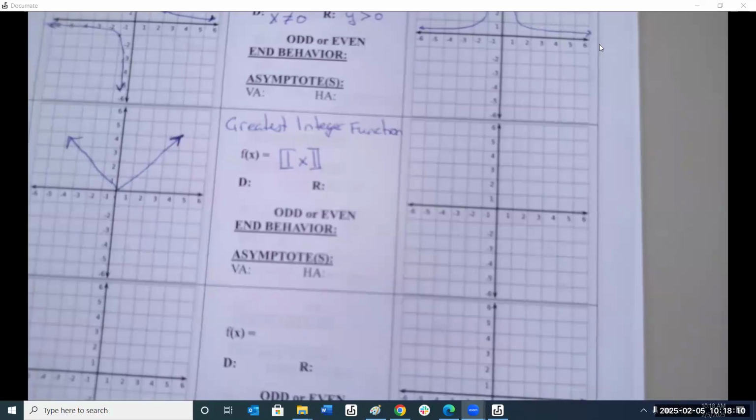What this function deals with is only the number on the left side of the decimal. Anything to the right side, you just get rid of it. That's what this one does. Here's what I mean.